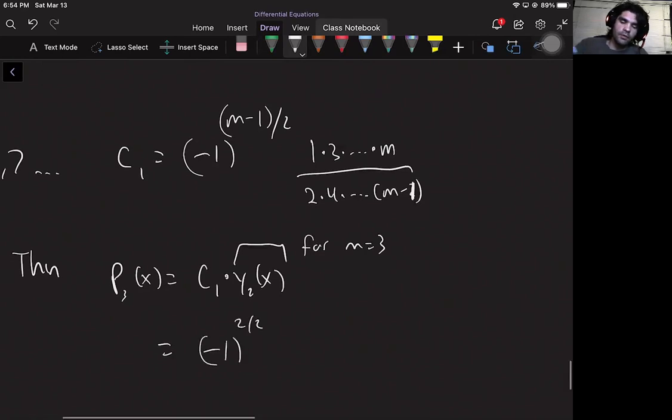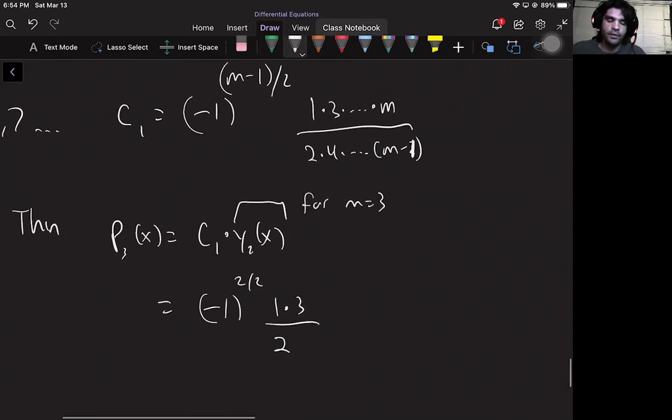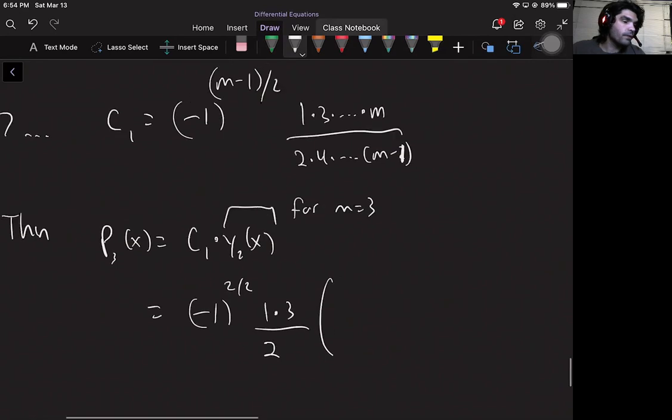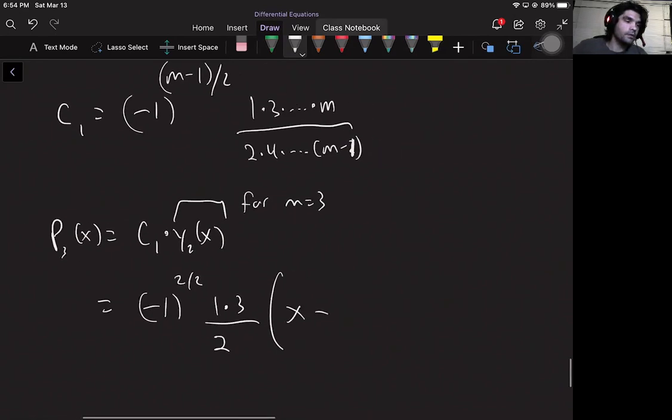This becomes 2 over 2, 1 times 3 over 2 times, and then my y2 of x for that one was x minus 2 times 5 over 3 factorial x cubed.